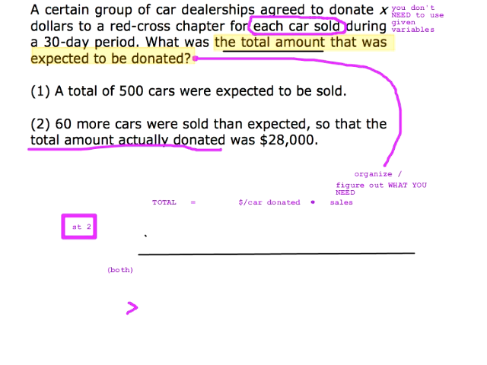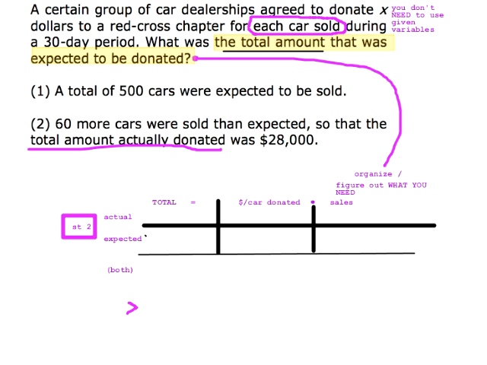Don't be afraid to amend your chart accordingly, right? So this is actual and this is expected. And then the goal expression would be this, right? What was the total amount expected to be donated? So that's this. This is the goal. This is the thing that we want.